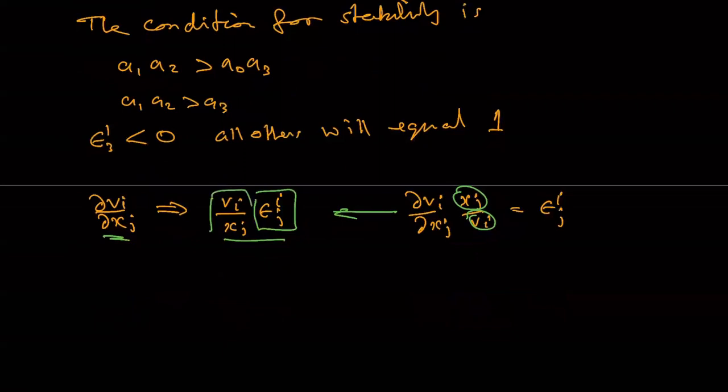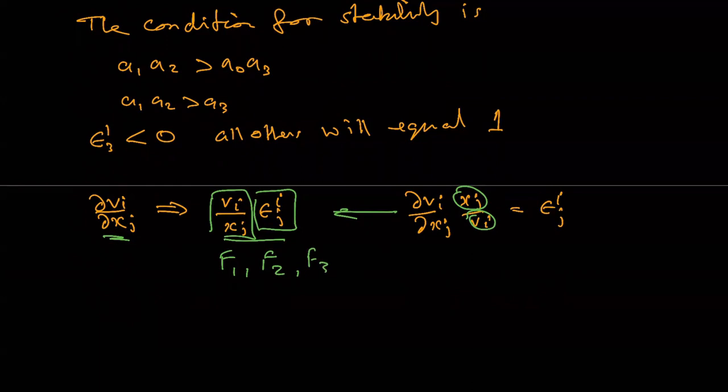These factors we will call F, and there turn out to be 3 of them: F1, F2, and F3.